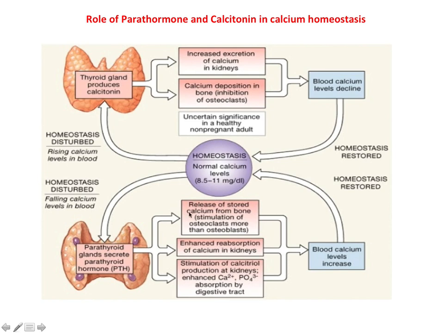So in this way, it can retain the calcium ion concentration in our body and thus blood calcium level increases and the normal calcium level is retained in the blood. That is called calcium homeostasis. So here you can see how calcitonin as well as PTH maintain the blood calcium level.